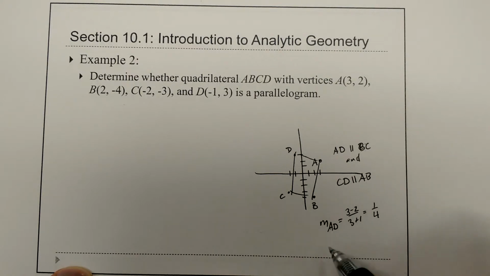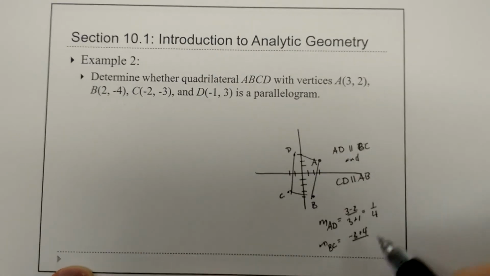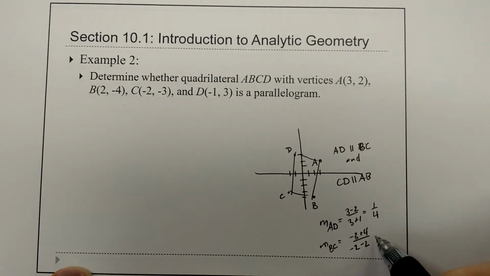And then we need the slope of BC, so that's going to be negative 3 plus 4, over negative 2 minus 2.